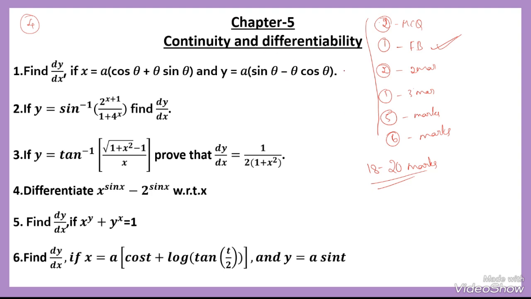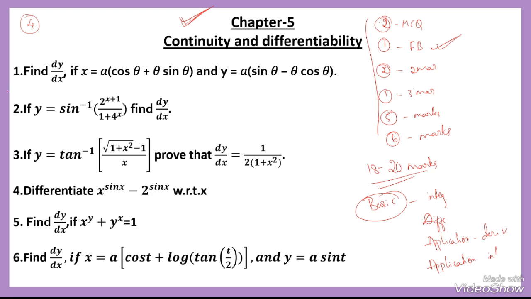This chapter is the basis for integration as well as differential equations, then application of derivatives as well as application of integrals. That's why you have to prepare this chapter. This is a compulsory chapter for preparing for the annual exam.